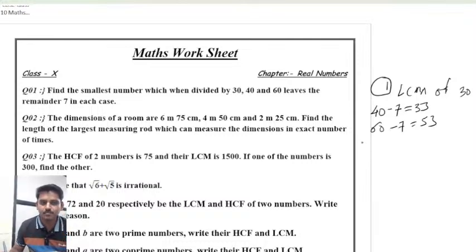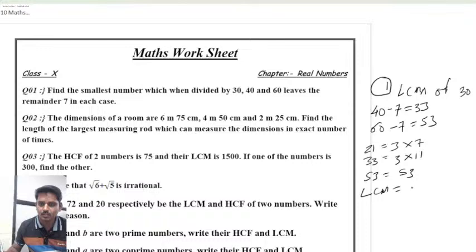So you find out the prime factorization. 21 can be factorized as 3 into 7, 33 can be factorized as 3 into 11, and 53 is a prime, so 53. So LCM will be 3 raised to 1 highest power, 7 raised to 1, 11 raised to 1 into 53.